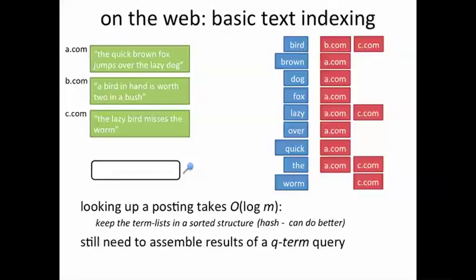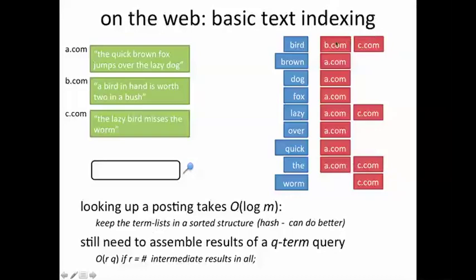The process of assembling the results of a Q-term query takes order RQ time if R is the total number of intermediate results. That is the number before one takes the union of the results. So in this case of a query like the bird, R would be 4 because you get 2 results from bird and 2 results from the.